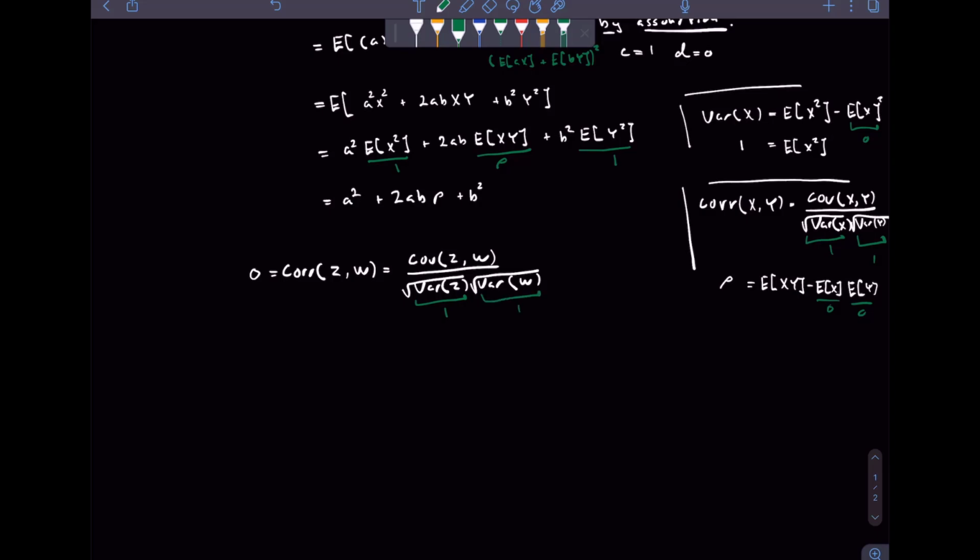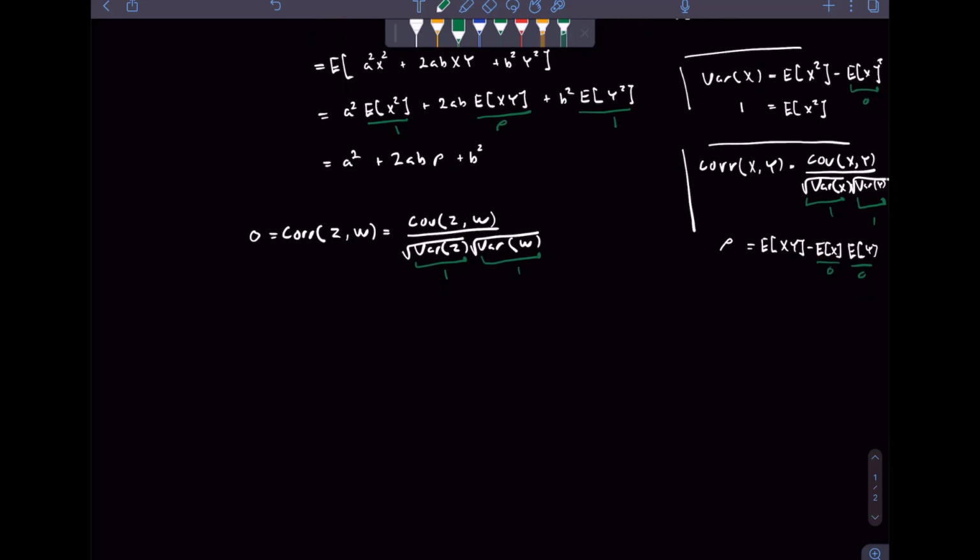The same for W. And so we end up with the covariance: the expectation of ZW minus the expectation of Z times the expectation of W.